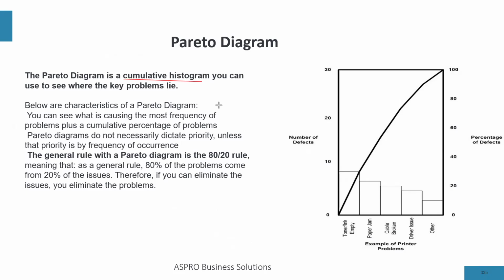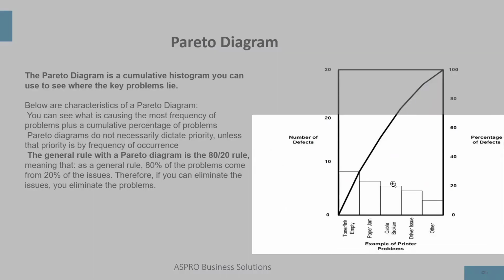So when we talk about the Pareto diagram, it's used when we want to determine where most of our failures are coming from. Let's look at this example using a Pareto diagram. And in order to see, I'm going to zoom in.